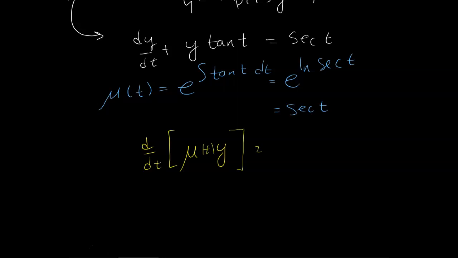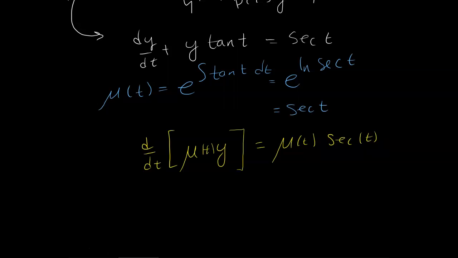And that's equal, right, on the right-hand side, to mu of t times secant, where secant is right there, your right-hand side, or sometimes called your forcing function. But we don't have to leave it as mu. We can say, well, we know exactly what this is.